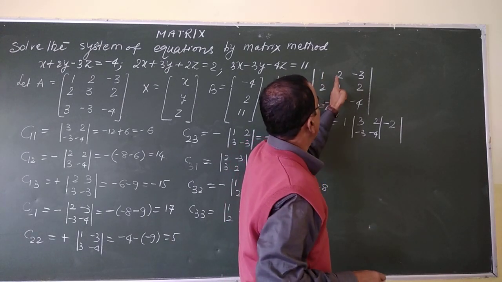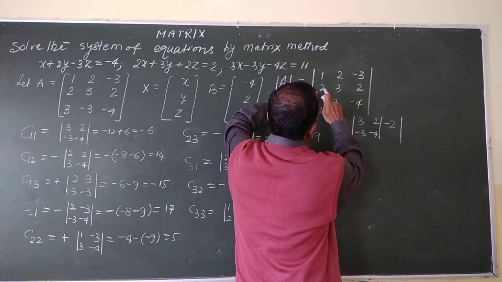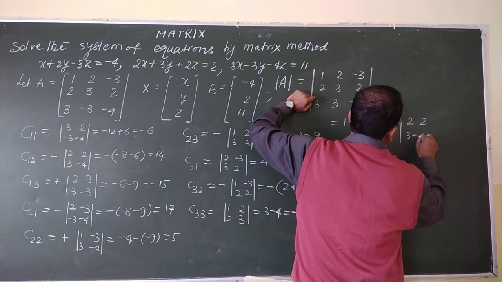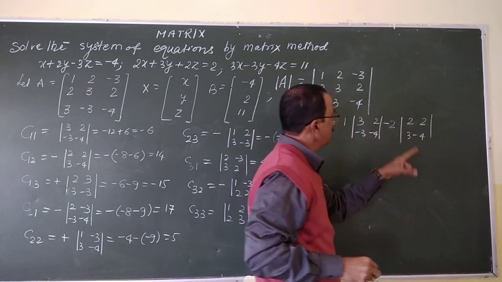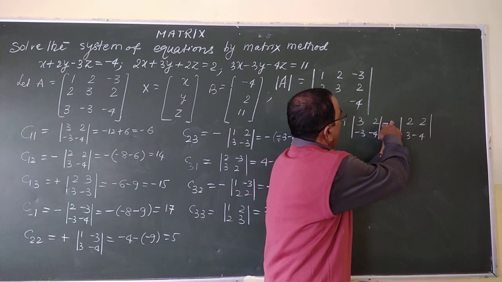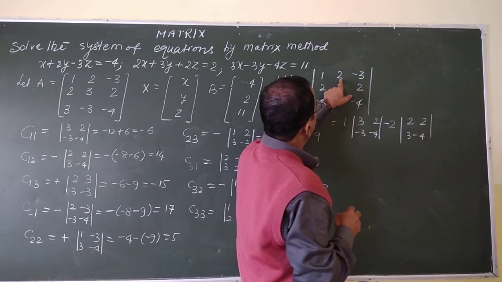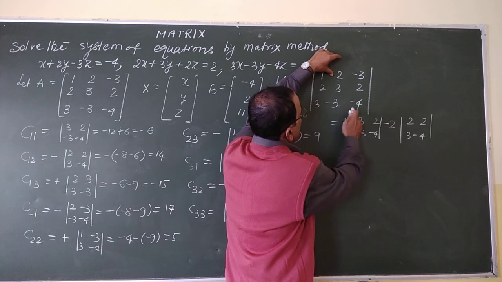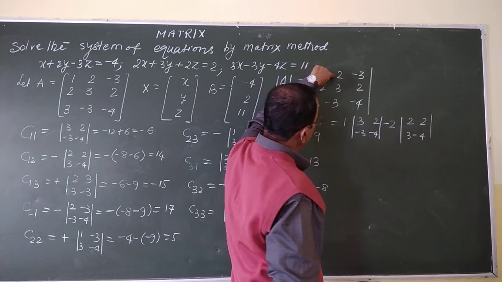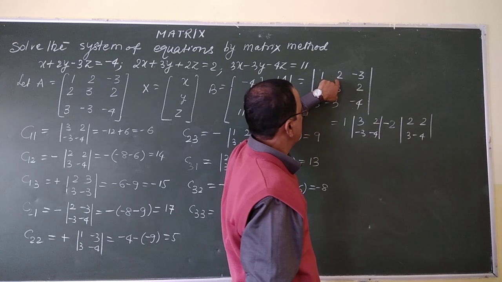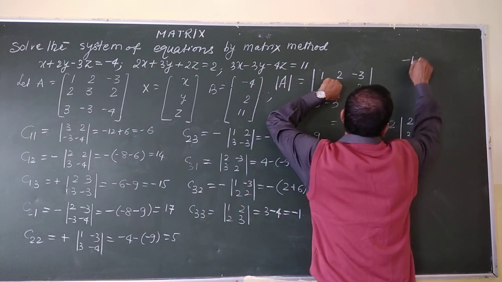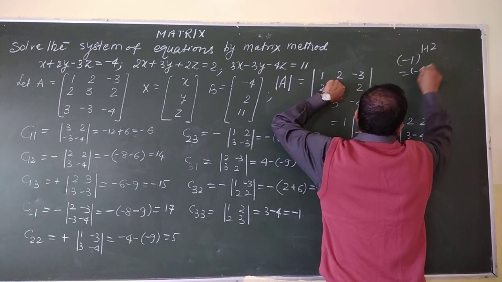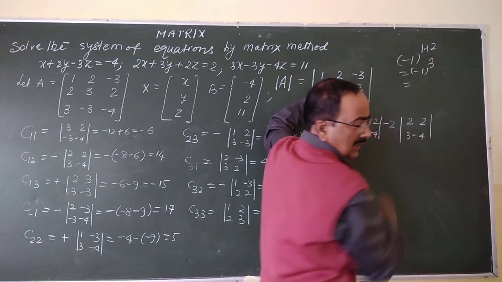Close this row and this column, then 2, 2, 3, minus 4. 2 and its cofactor is negative of this one. 2 lies in first row and second column, so minus 1 to the power 1 plus 2, minus 1 to the power 3. So we have taken a negative sign.